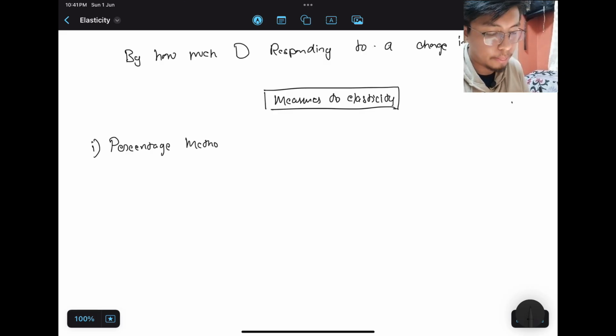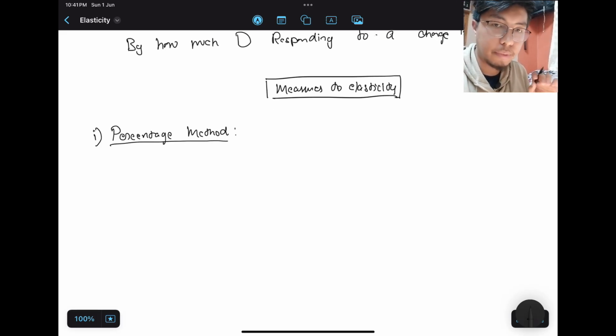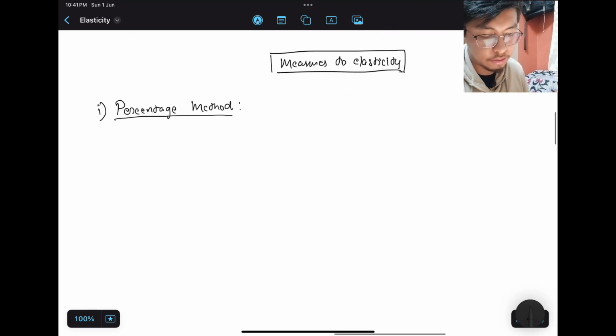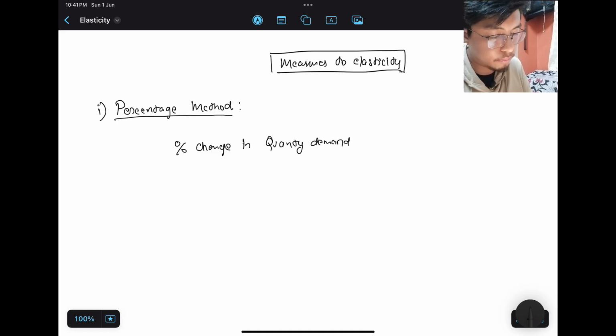What this method does is it calculates the percentage change in quantity demanded to the percentage change in prices.